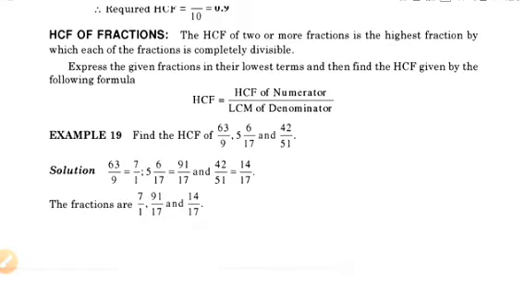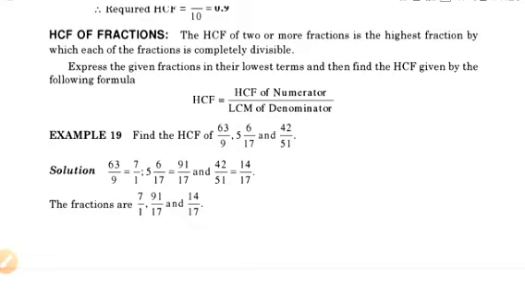Now there is another concept. If we are given fractions and we are asked to find their highest common factor, the HCF of two or more fractions means the highest fraction by which each of the given fractions will be completely divisible.